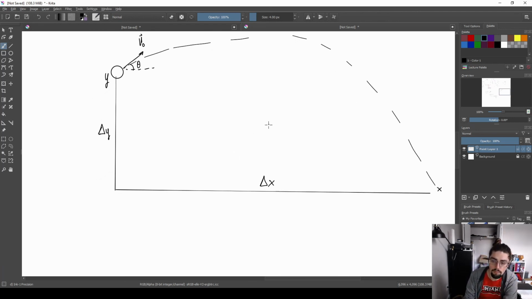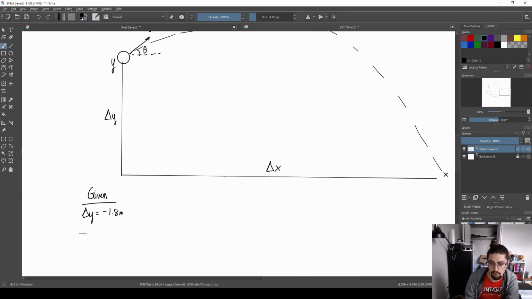Now, my given variables. If I say we start at 1.8, we end at 0, then I know that my delta y ought to be negative 1.8 meters. We go down at final minus initial, 0 minus 1.8. Delta x, that's the mystery to be found.